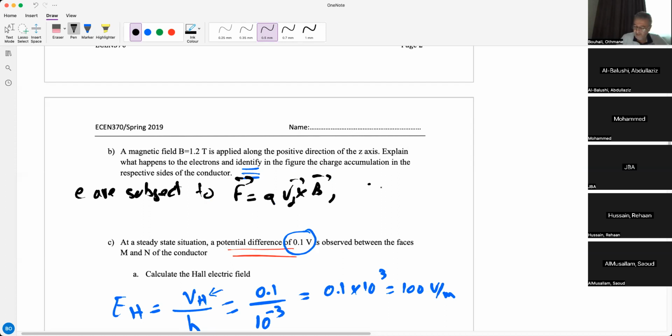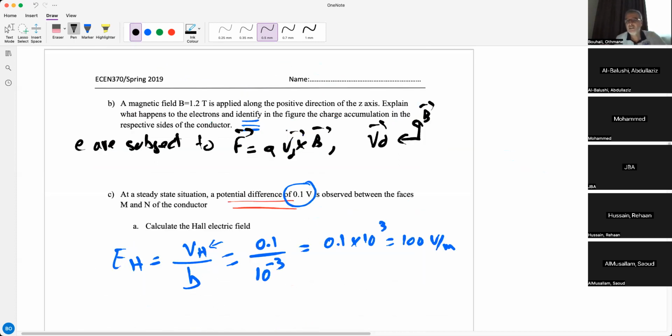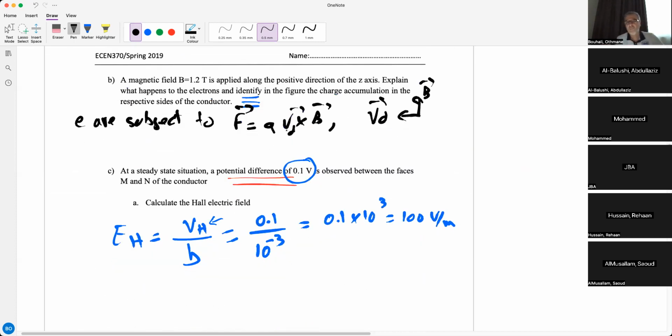And then the drift velocity is going this way, the magnetic field is going this way. This means that the electrons will be pushed in the negative y direction. And this will create a negative potential on the M face and a positive potential on the N face. That's your answer. Clear?